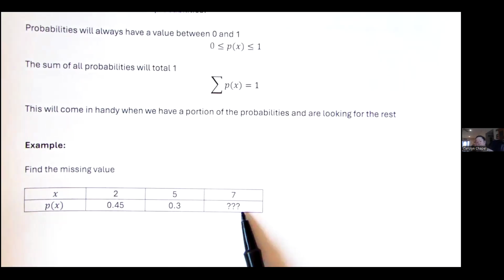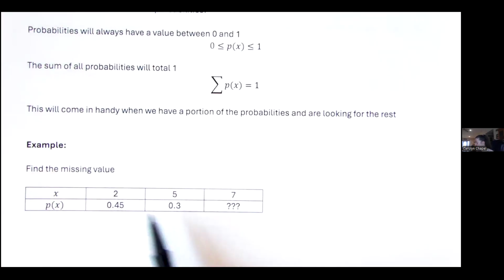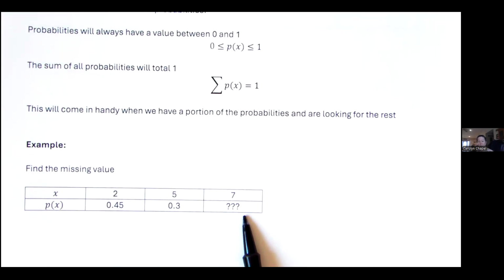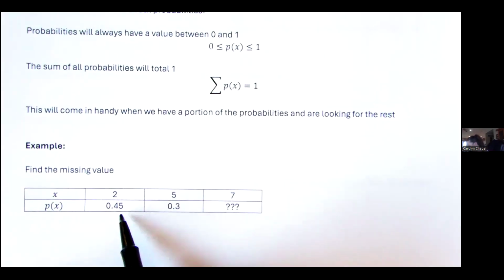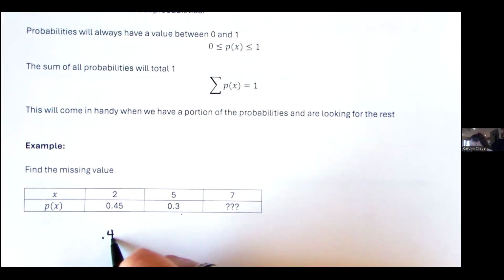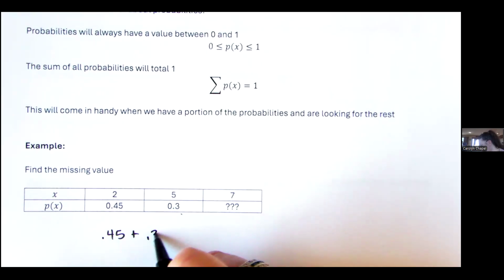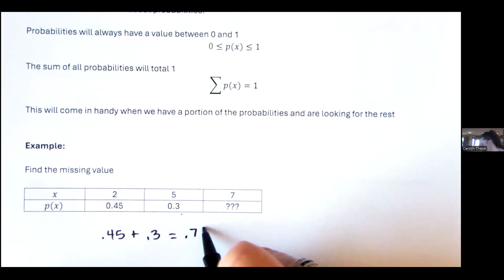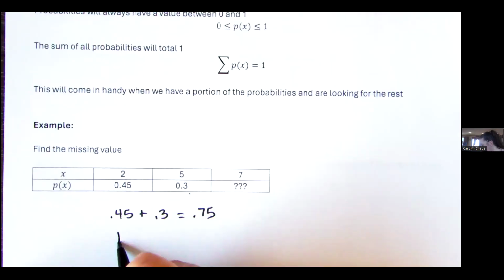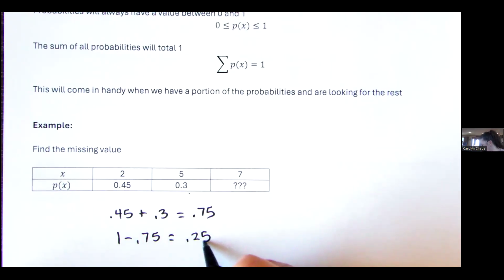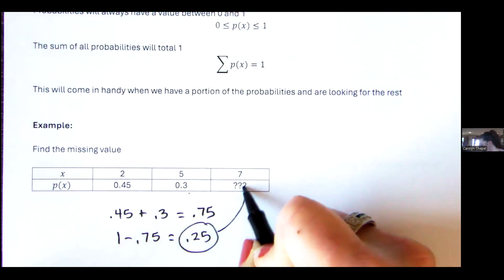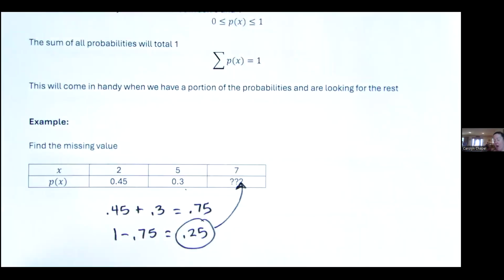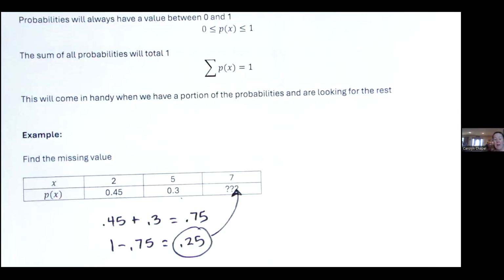If this is our complete table, we know these 3 things have to add to 1. So I can add these 2 together, which gives me 0.75, and then I can subtract that from 1. This is the value that would be going in right there, because all of our values have to add to 1.